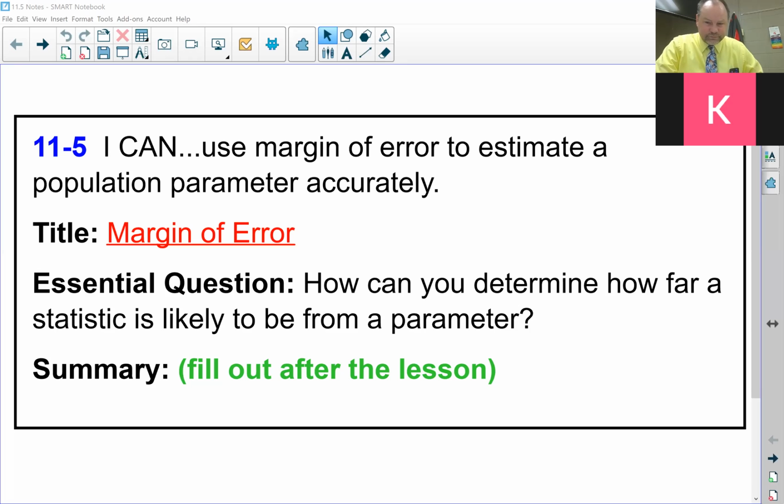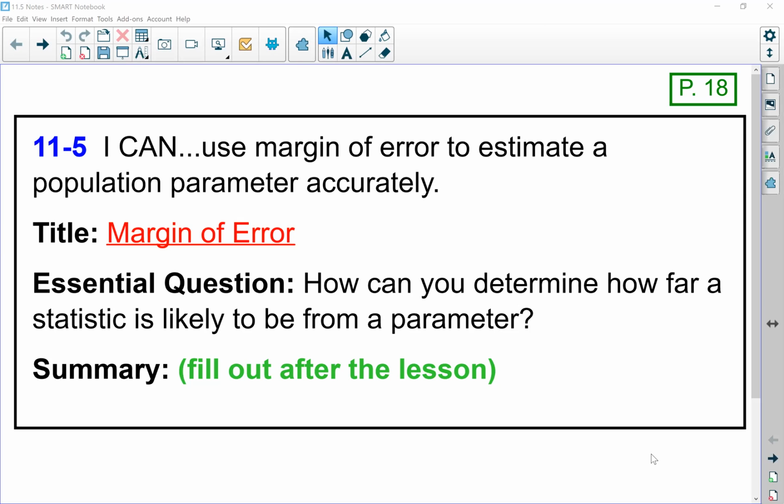All right, so sharing my screen. So 11.5 is called margin of error, and it is used often when survey results are given.